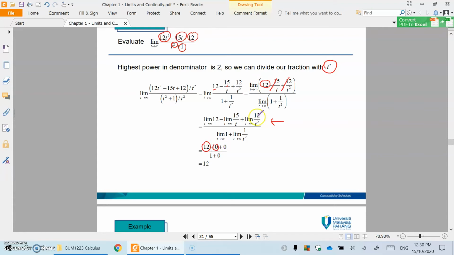Next, 12 over t squared is also 0. In the denominator, the limit of the constant 1 equals 1, and lastly the limit of 1 over t squared is 1 over infinity, which is 0. Then we can simplify as 12 over 1, which is equal to 12.